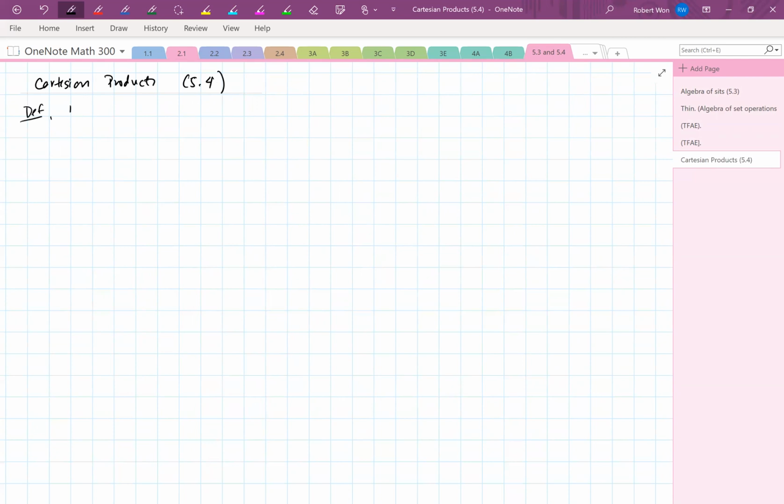Here's the definition. So let A and B be sets, or if you prefer, subsets of some universal set.